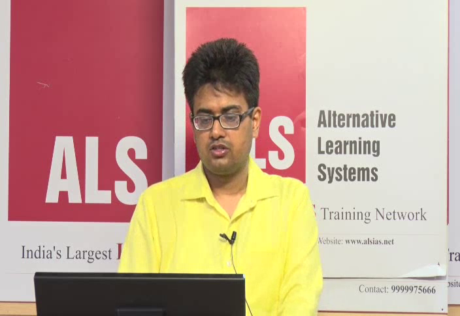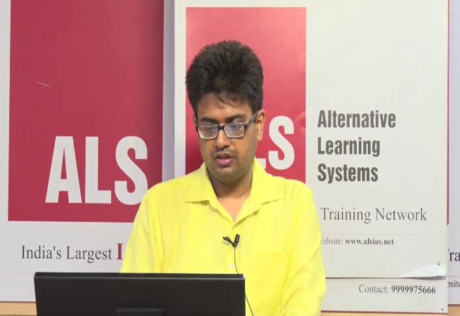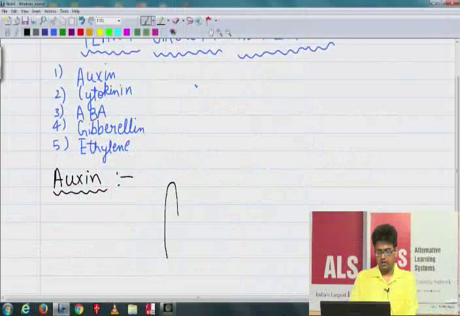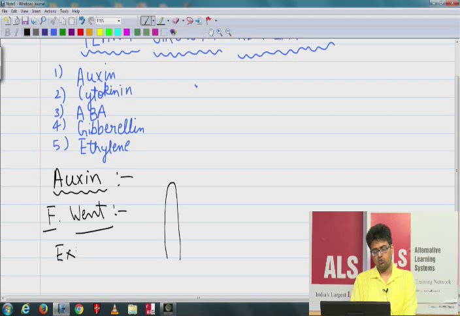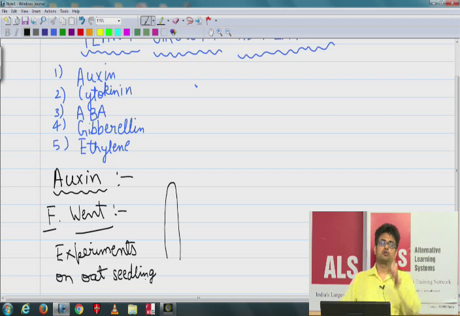So, how does this produce an effect? A scientist called Wendt performed some experiments on oat seedlings. Now I have told you that oxygen is produced in the top part. So I will shade the top part which produces oxygen.